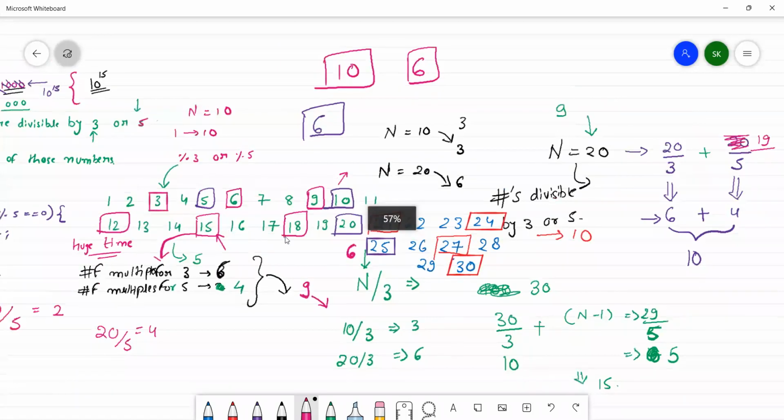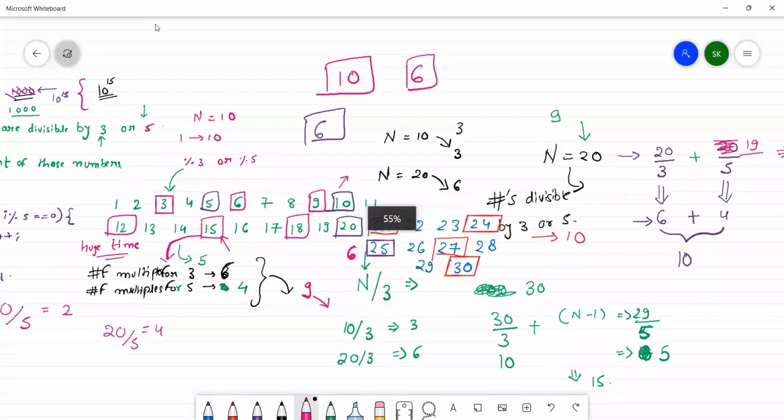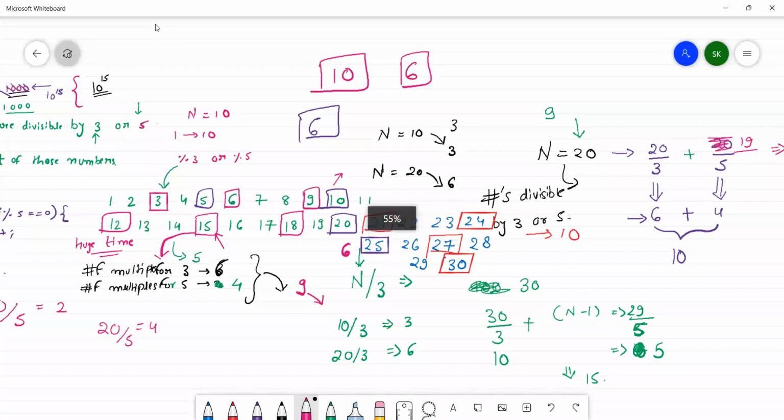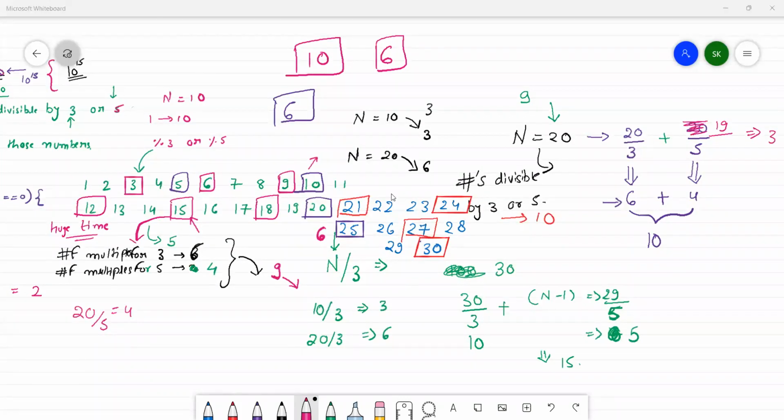But what should be the total count? Can anyone tell me what should be the total count of the multiples divisible by 3 and 5?